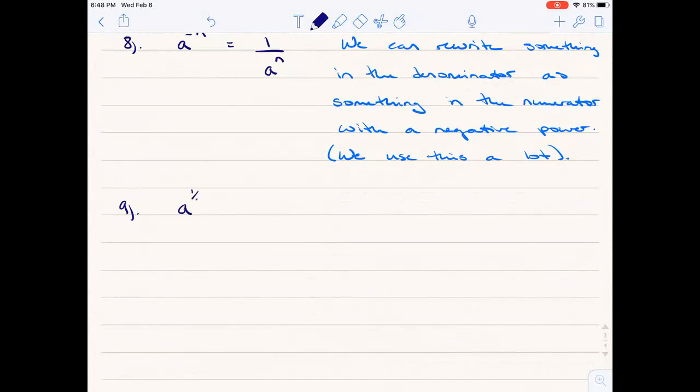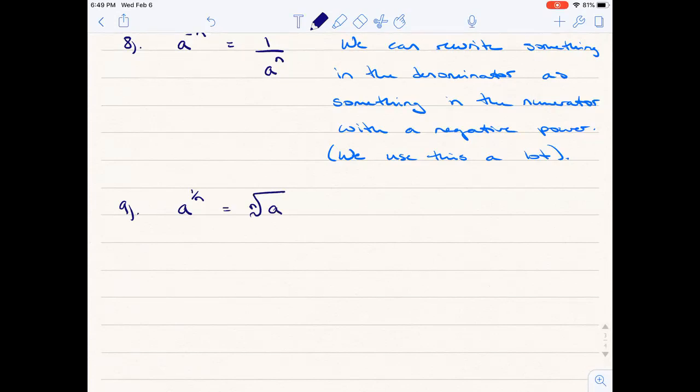A to the power of 1 over n is the same as the nth root of a. So the nth root, you put a square root, right? That's how we're used to reading them. But you can actually take any root and you just put it in the little hook here. So if you wanted to take the 3rd root, the 4th root, then you just put that number inside the hook of a.